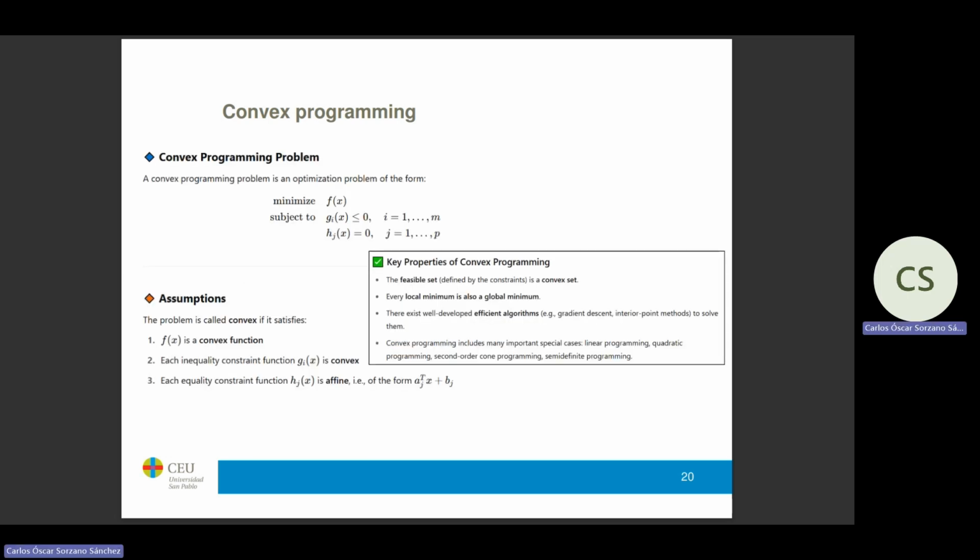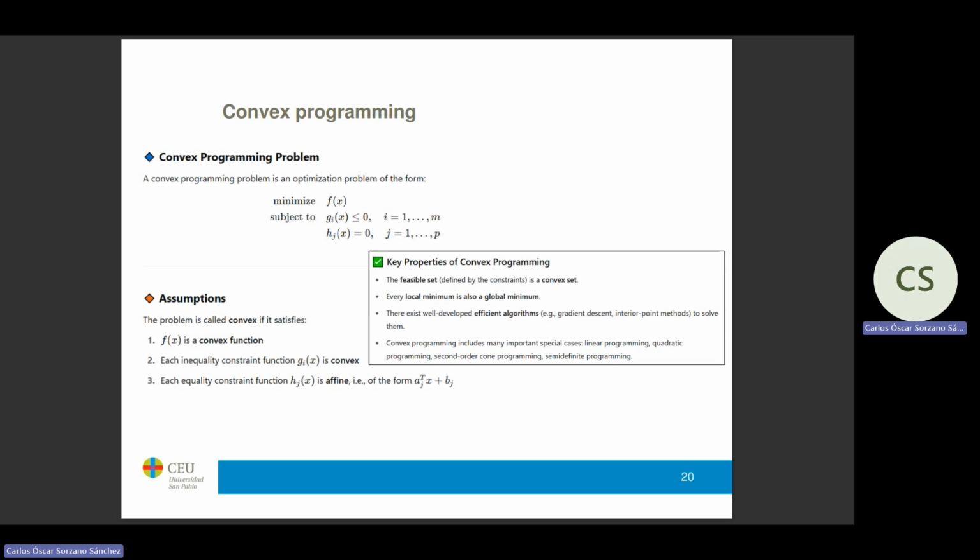Okay, so the most general convex program is this one, so it is minimizing f with respect to x, subject to these inequality and equality constraints. So far, it is the same as the nonlinear program, but there are some extra assumptions.